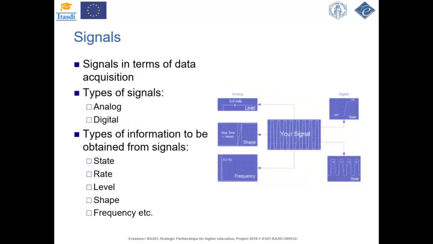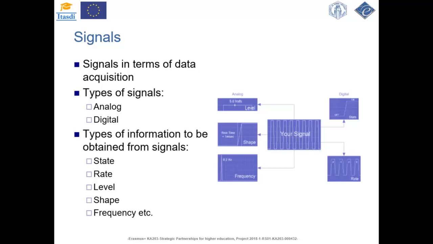So signals, when we speak in terms of data acquisition, are most often some sort of time-varying voltage or current carrying information about some physical phenomenon. And we have to keep in mind that not all signals are measured in the same manner. So first, we need to categorize them depending on whether the signal is analog or digital.